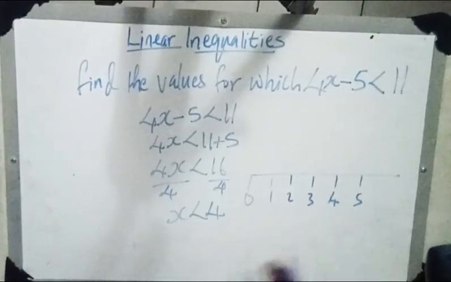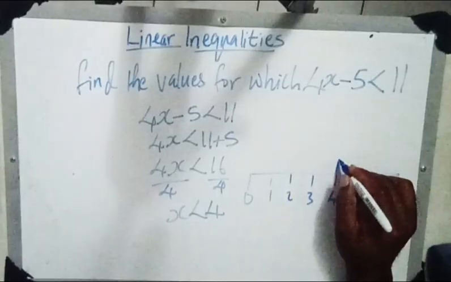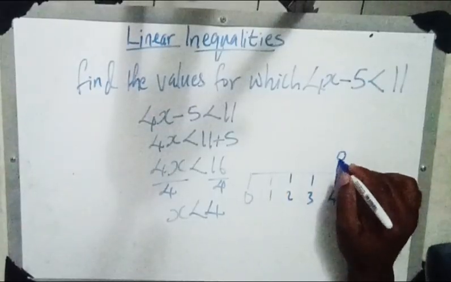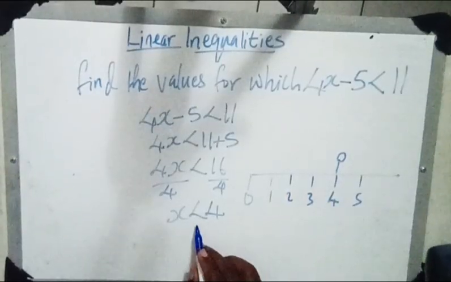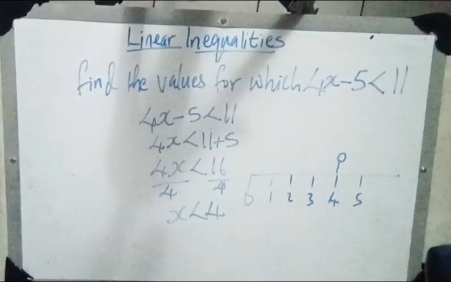How would you represent x less than 4? You would start from positive 4, and then you have an open circle because it's simply less than. That means all the values are less than 4.